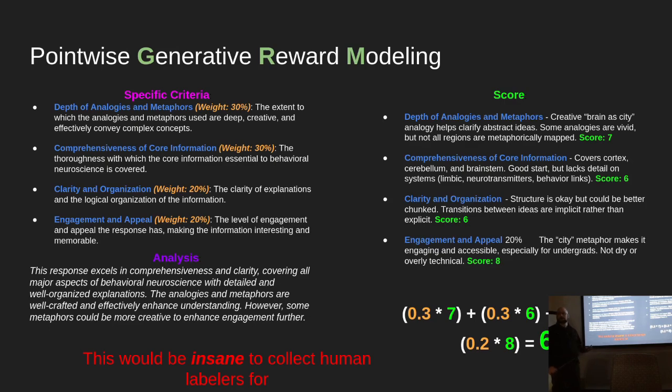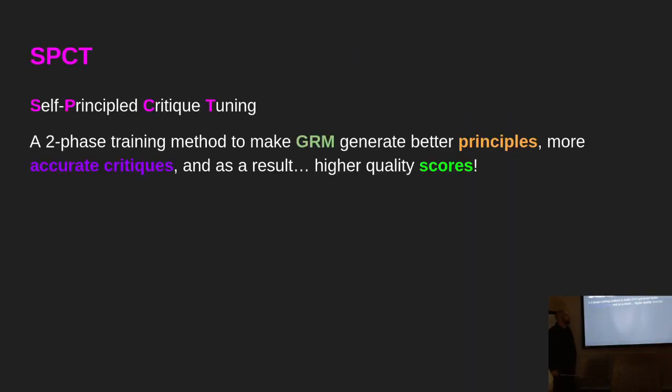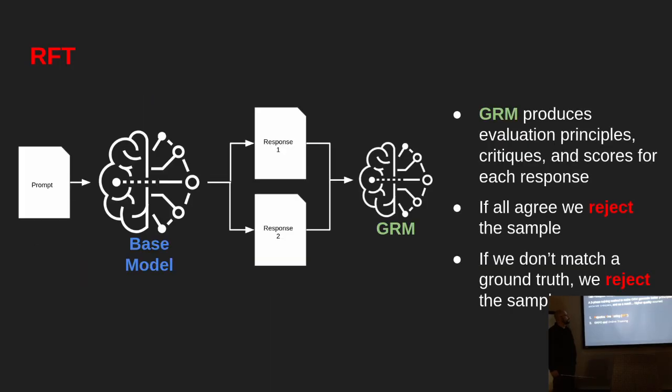Also, what's preventing it from just coming up with one criteria? You just punish it. You reject it. Or you punish it through the reward signal. So the rejected fine-tuning here is we basically say we're checking to see if it's the principles, which are the criteria.